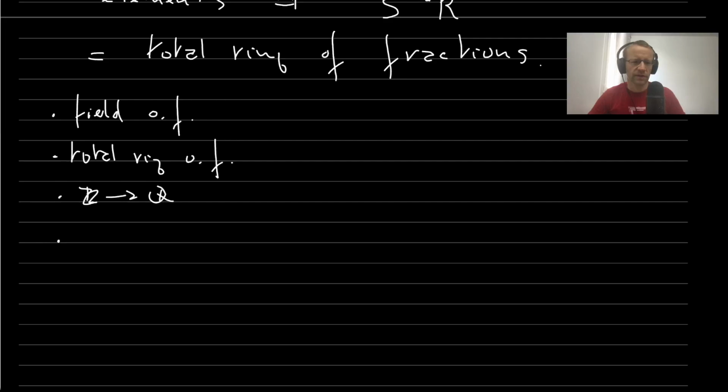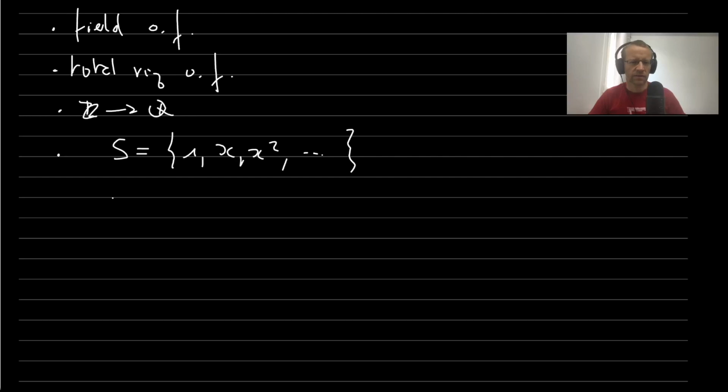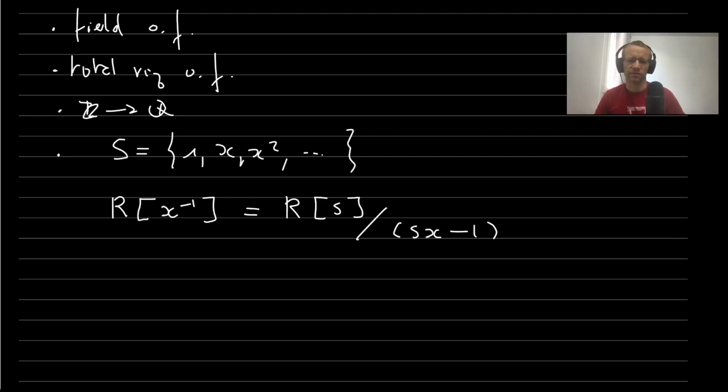Another example, if we take S to be some set like 1, x, x squared, etc., which is multiplicatively closed, then if we localize the ring R with respect to S, it's canonically isomorphic to a ring over some other element s, where sx is equal to 1. So we divide by the ideal generated by sx minus 1. I can check this. This is another example of localization.